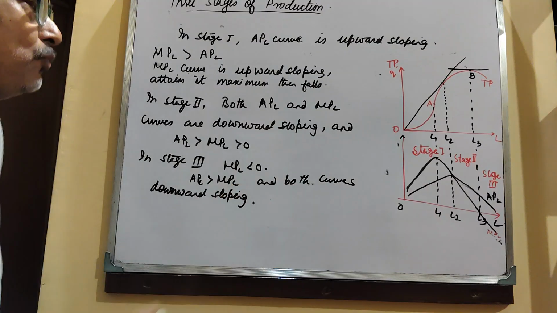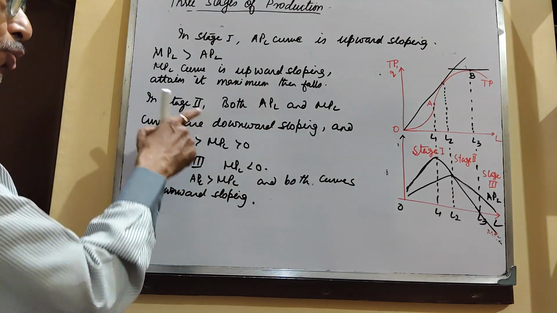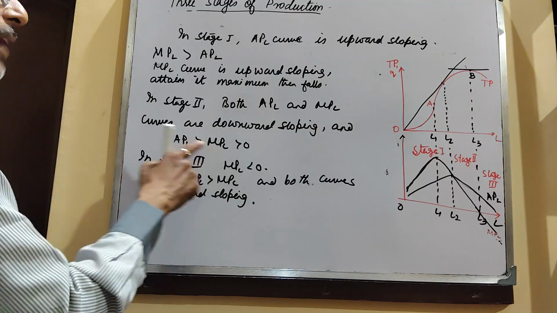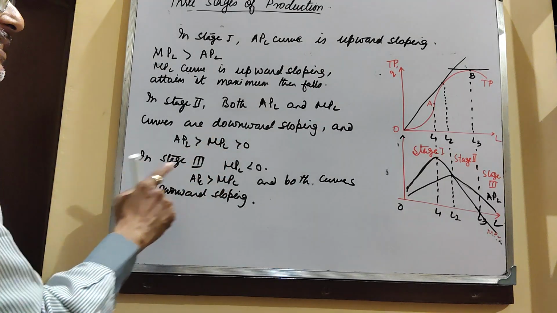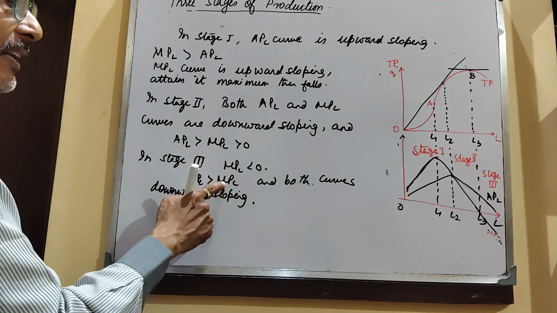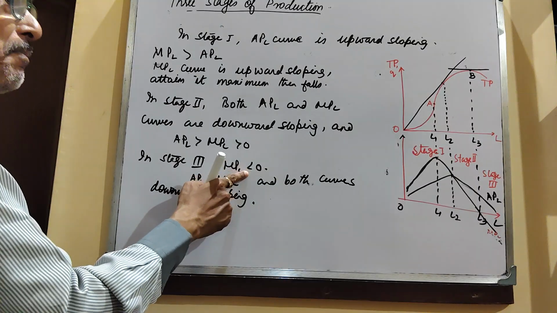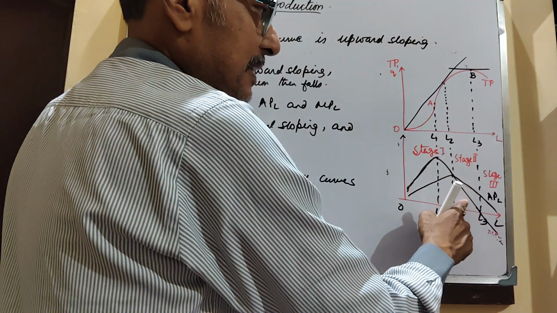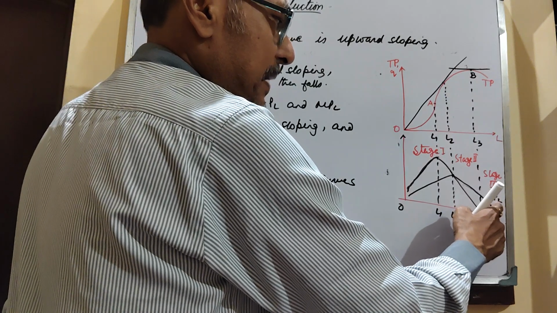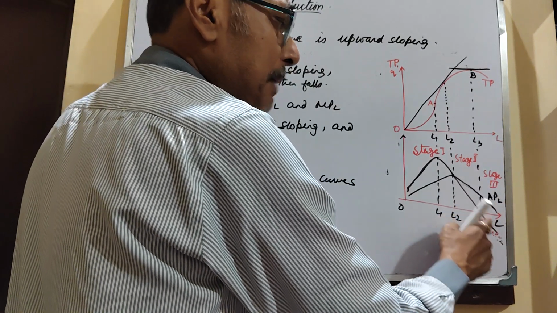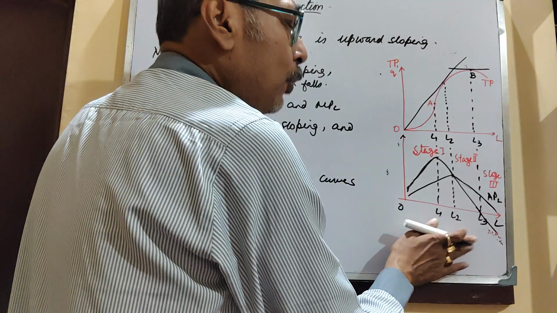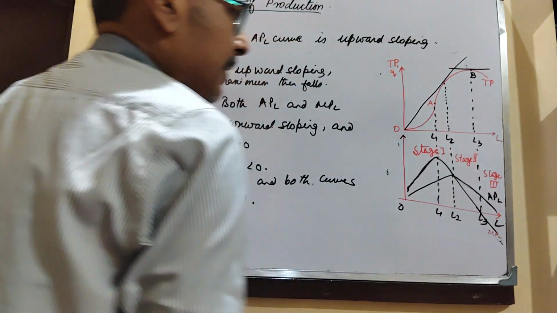So in stage 2, APL is greater than MPL and both are positive. In stage 3, APL is greater than MPL but MPL is negative, because it is in the fourth quadrant of the diagram.